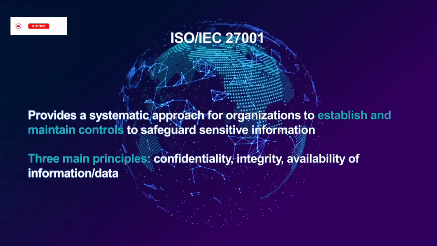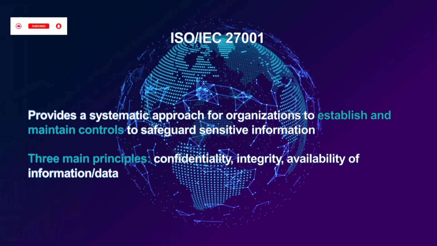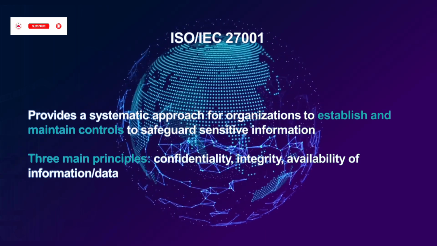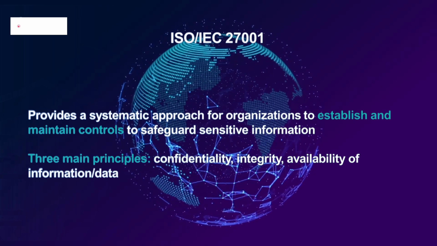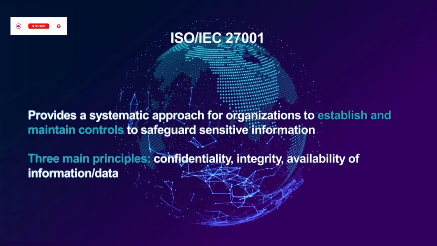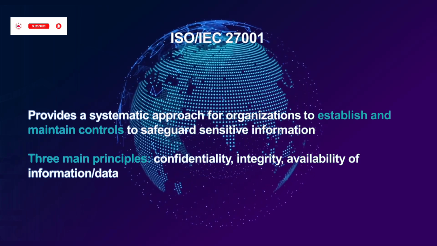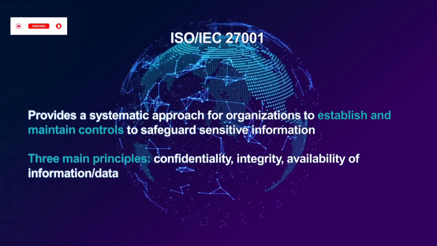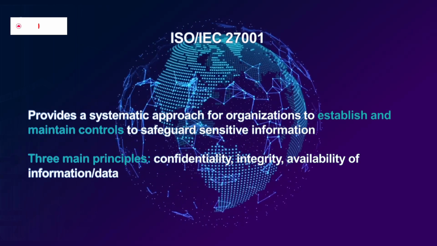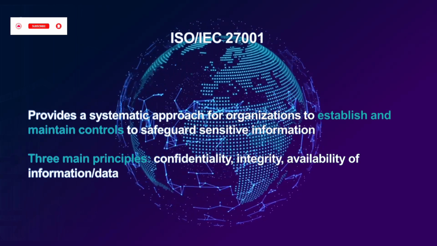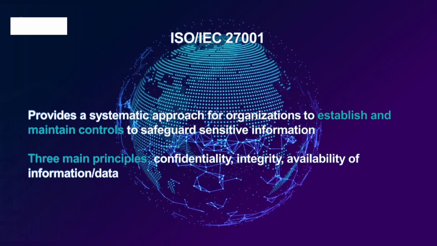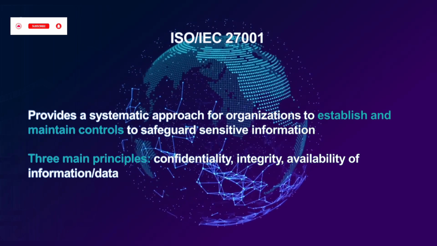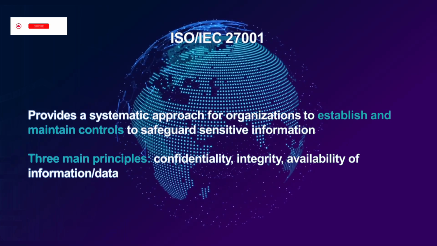Those are the three driving principles, and that's why we always refer back to those as the triad or the trinity of security. Either way, most standards and frameworks will point back to confidentiality, integrity and availability, and ISO 27001 is no different. So this helps organizations meet regulatory requirements related to information security, related to privacy and a lot of different things.